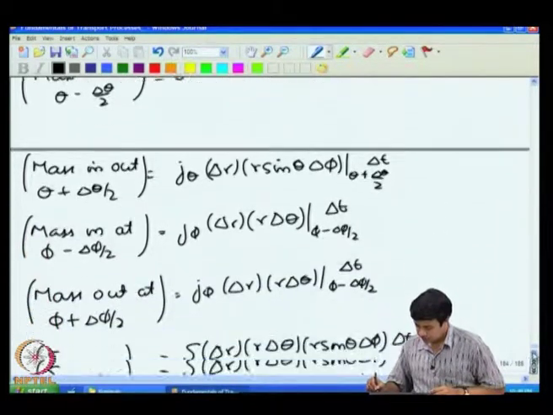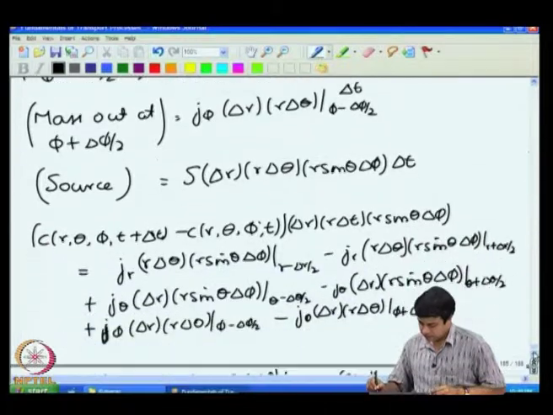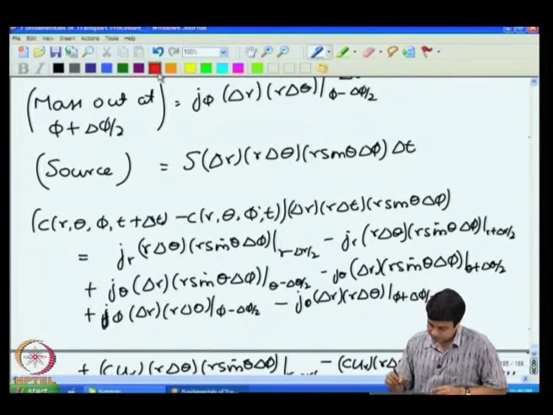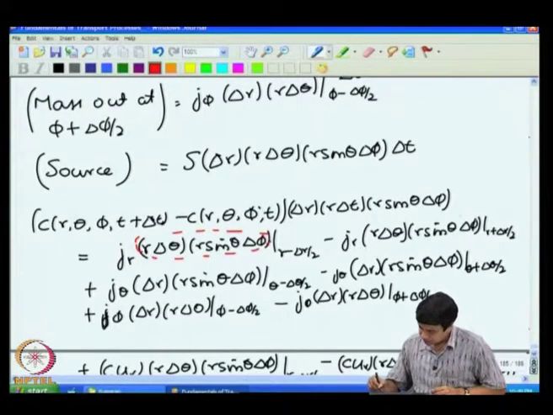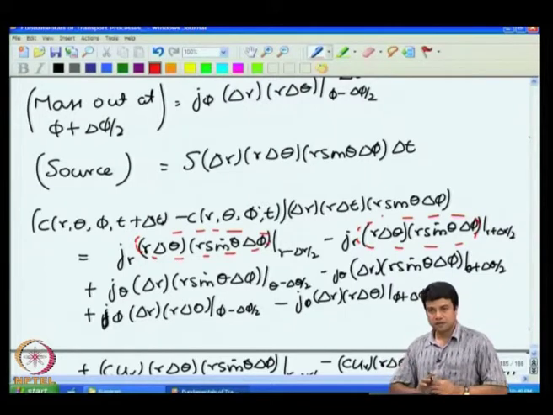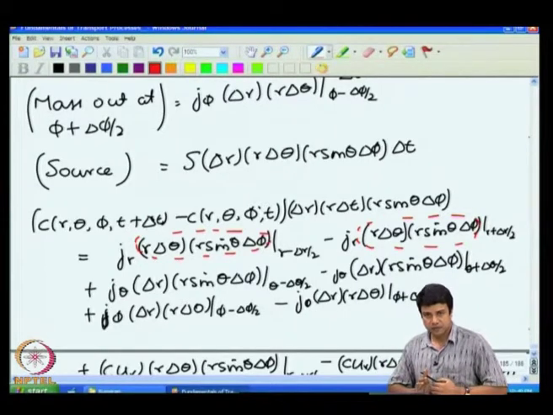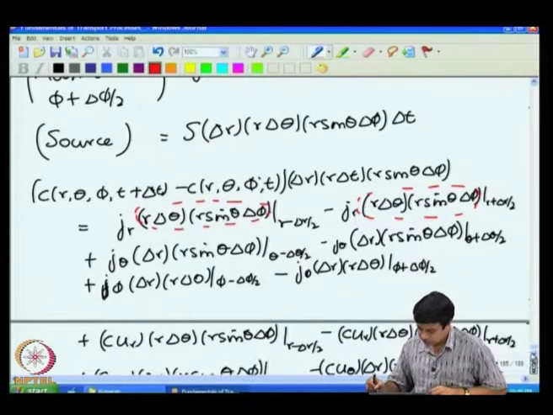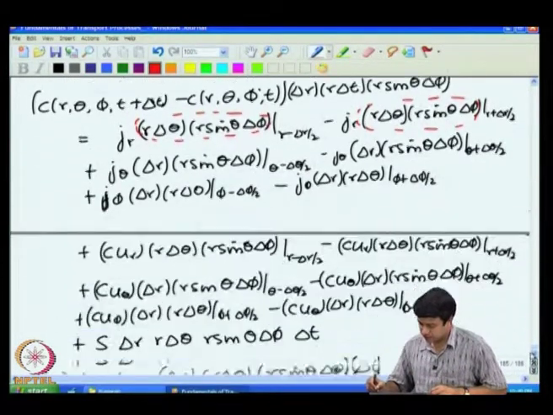The surface areas here, in this case for example, this area and this area, are not evaluated at a constant value of r. Both of these surface areas are not evaluated at constant values of r. Therefore, you cannot just divide r on the left hand side and the right hand side.